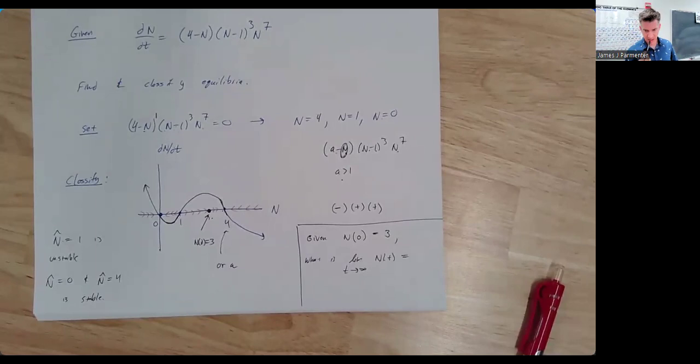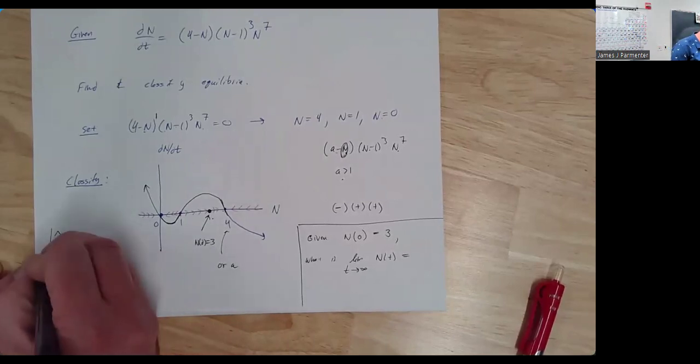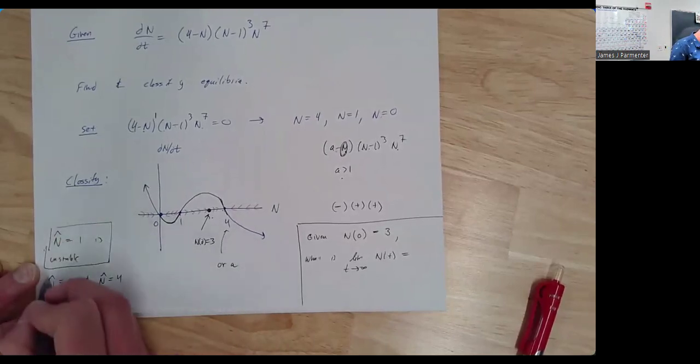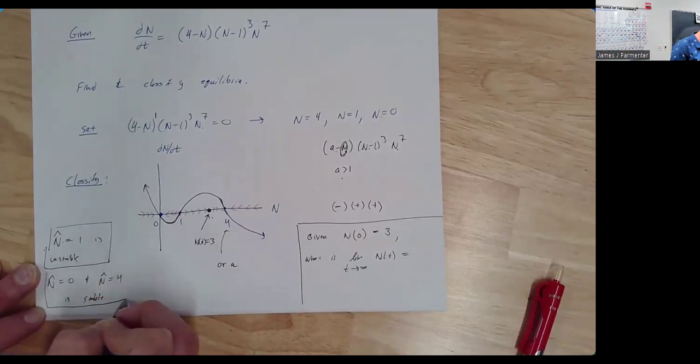For the stability and instability, I'm saying that n hat equal to 1 is unstable, and n hat equal to 0 and n hat equal to 4 are both stable.